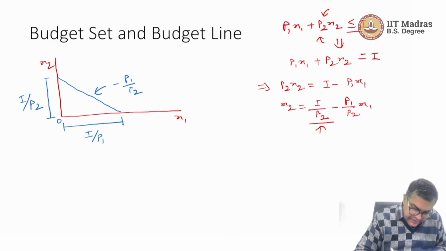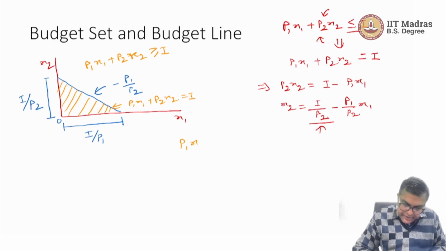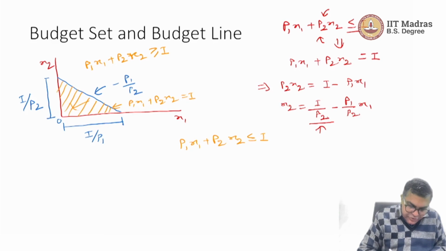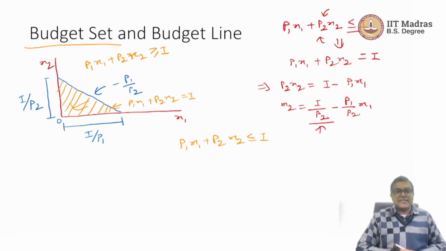One part is here, in this part P1 x1 plus P2 x2 is greater than I. On this line P1 x1 plus P2 x2 is equal to I, and in this shaded part, P1 x1 plus P2 x2 is less than or equal to I. So this shaded zone is our budget set.